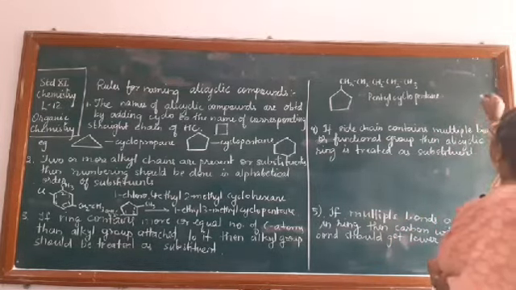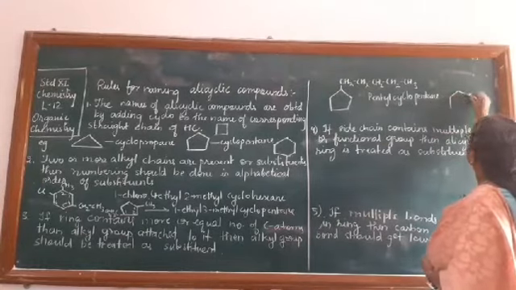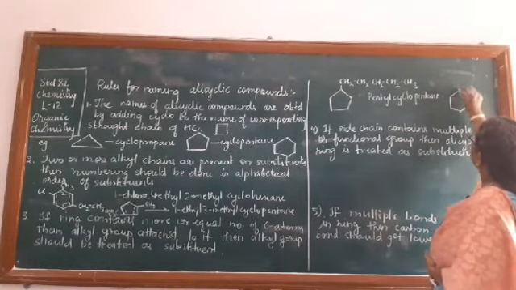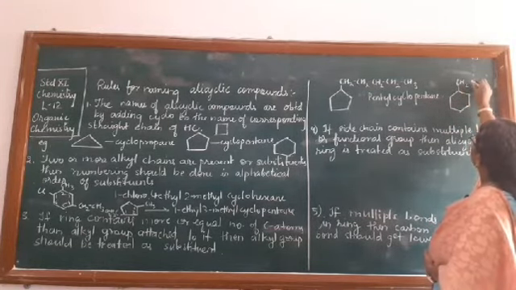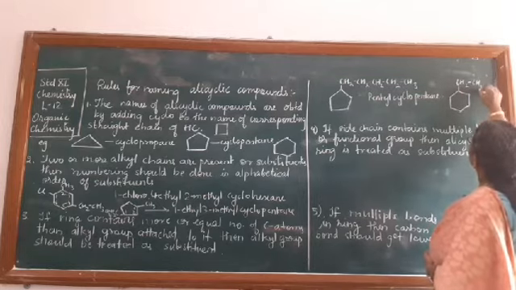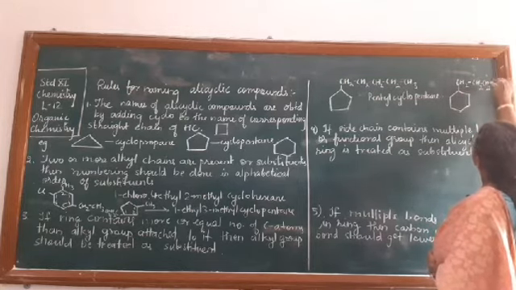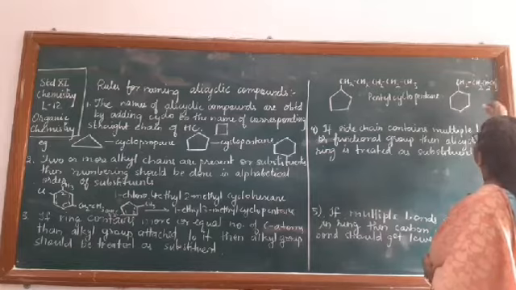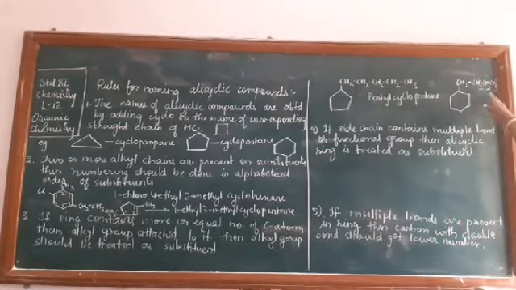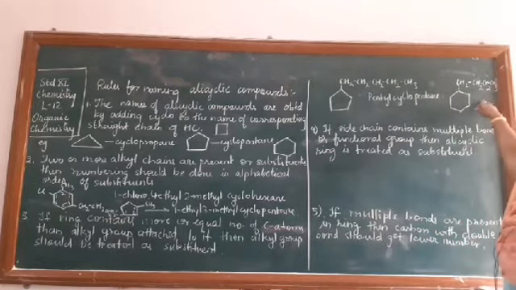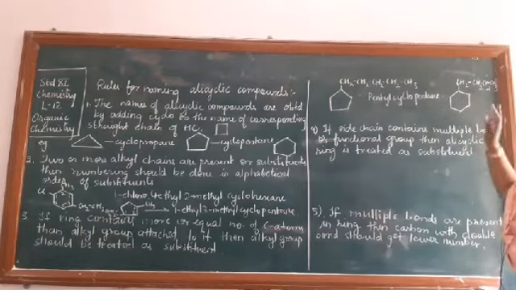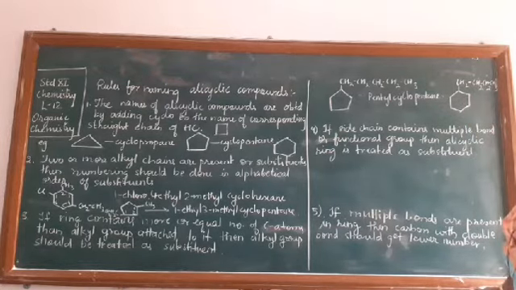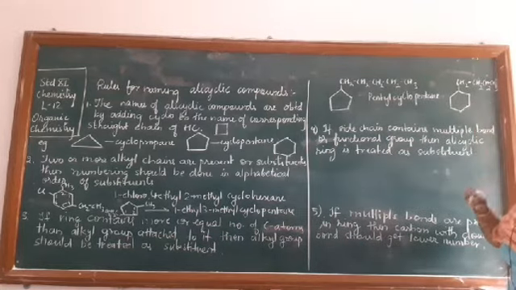If suppose I am having a cyclohexane, I have CH2, CH2, CH2, CH3. Now here I am having the alkyl chain with less number of carbon. So naturally this should be the parent chain. Okay.